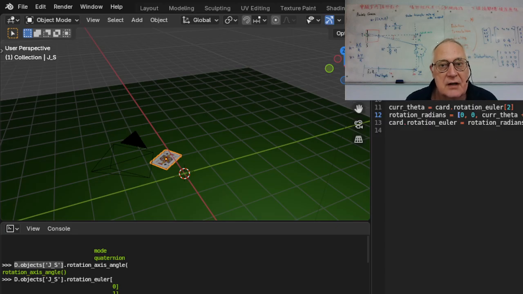So this should rotate it by 10 degrees relative. So you can see how things rotate around. You can render the image and then save it.